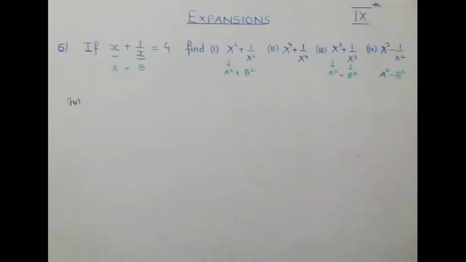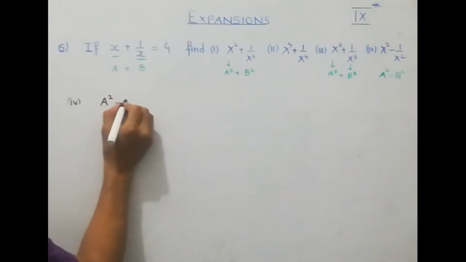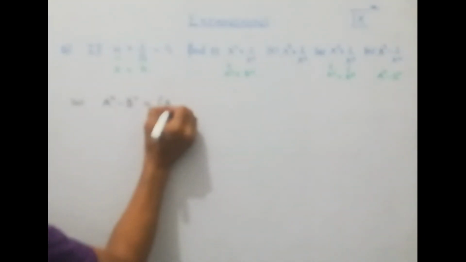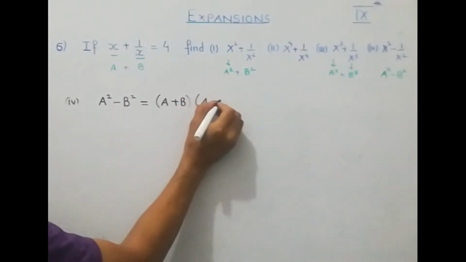Now if you see the fourth part, in the fourth part they are asking us to find a square minus b square. We are going to read it as a square minus b square. So by the formula we know that to find a square minus b square, you should have a plus b and a minus b.